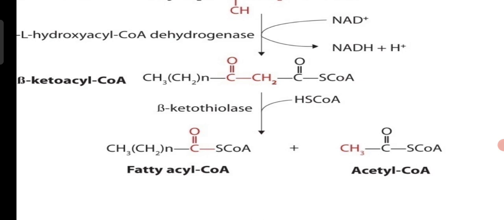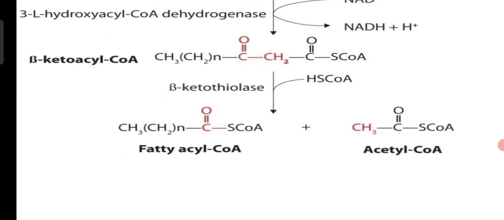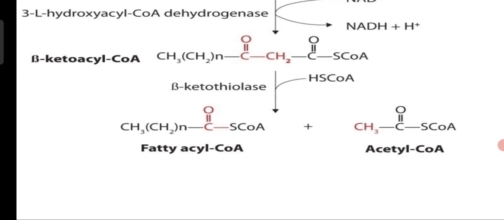Then this beta keto acyl CoA will react with beta keto thiolase, and here the cleavage occurs, that is two parts, that is fatty acyl CoA plus acetyl CoA. The cleavage occurs by this thiolase enzyme.